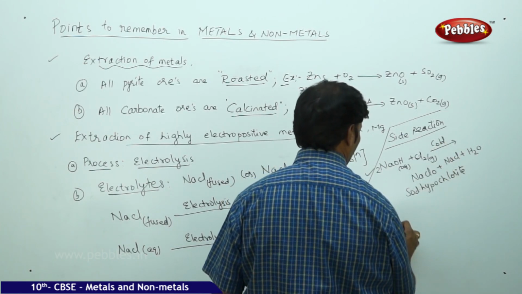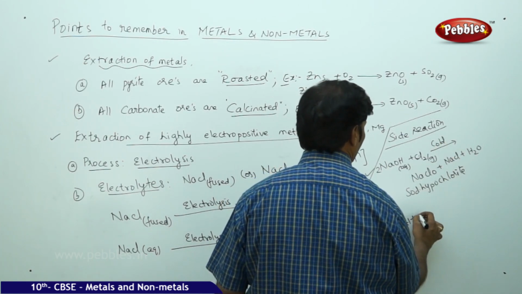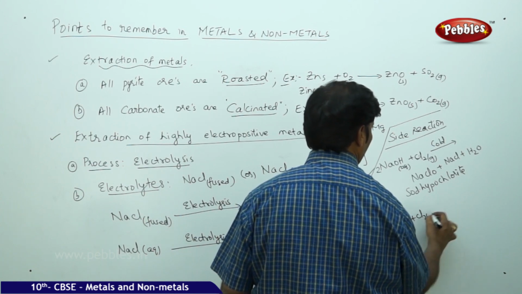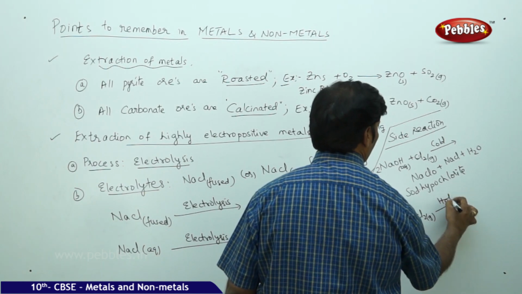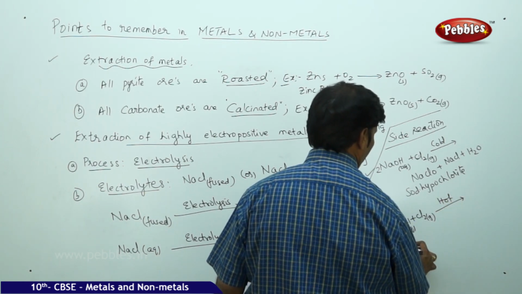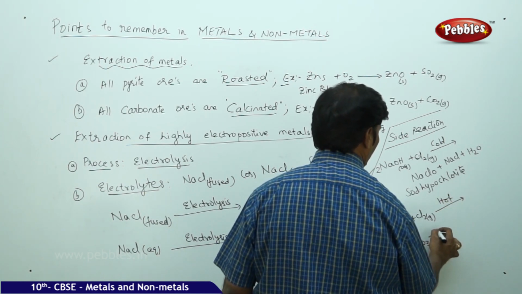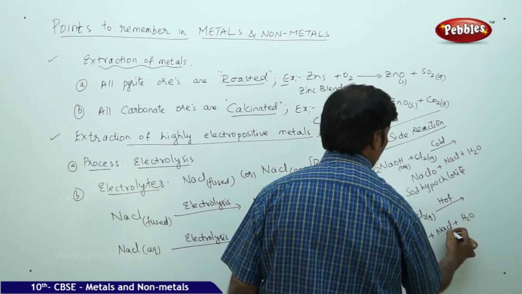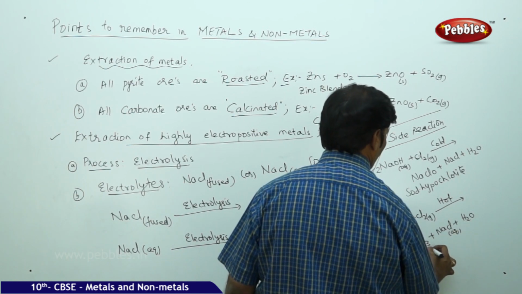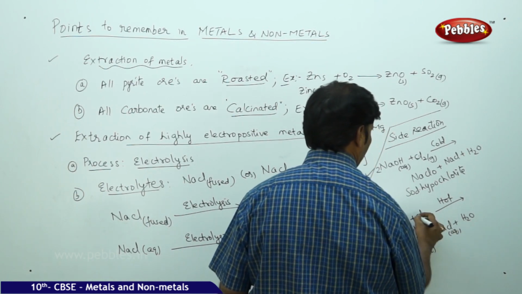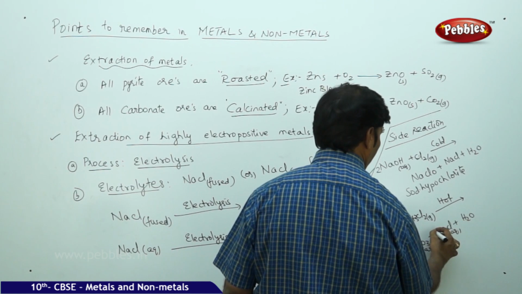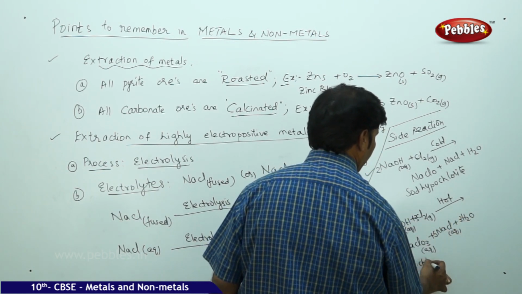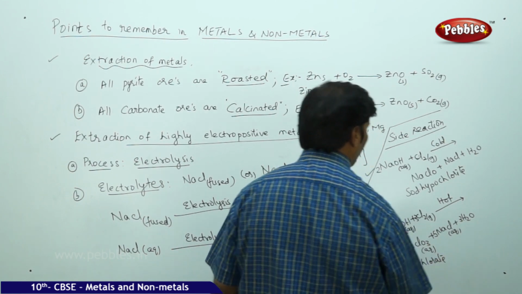Again, NaOH plus chlorine gas, aqueous, in the hot condition, gives NaClO3 plus NaCl plus H2O. This is 6, this is 3, this is 5, and this is 3. Sodium chlorate is the product obtained.